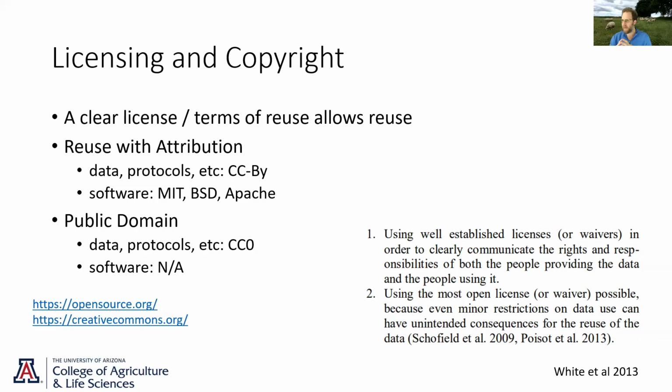In software, the equivalent is the MIT, BSD, and Apache licenses. There's a whole family of these licenses that are called permissive licenses. It allows people to reuse it. You have to keep the license available, but that's it.